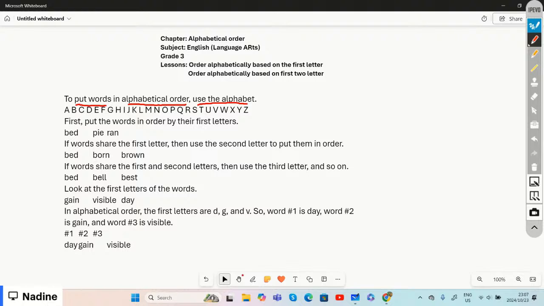Alphabet A to Z. Then, once we, for example, wrote down the alphabet, or you know your alphabet, then it means that you need to first put the words in order by their first letter. So we first put the words in order by first letter.